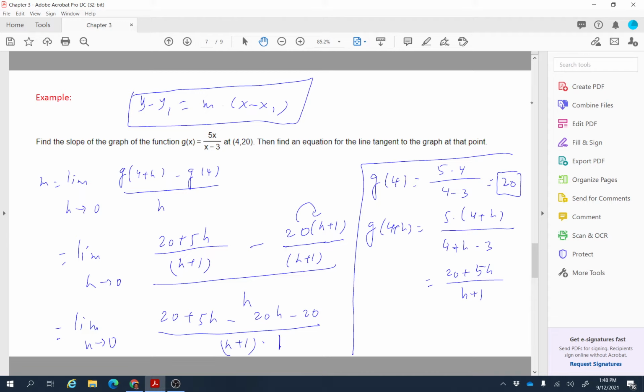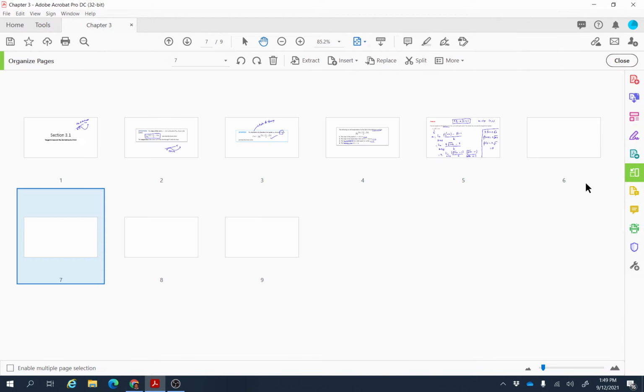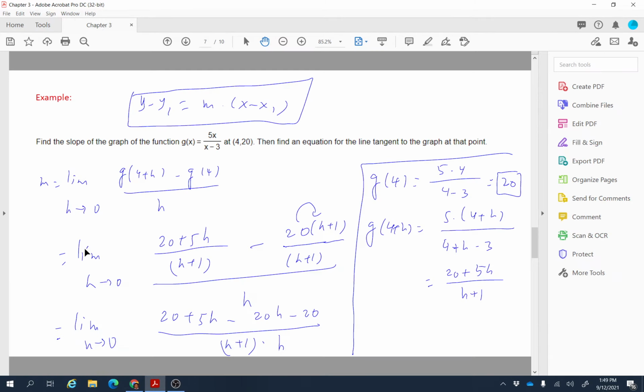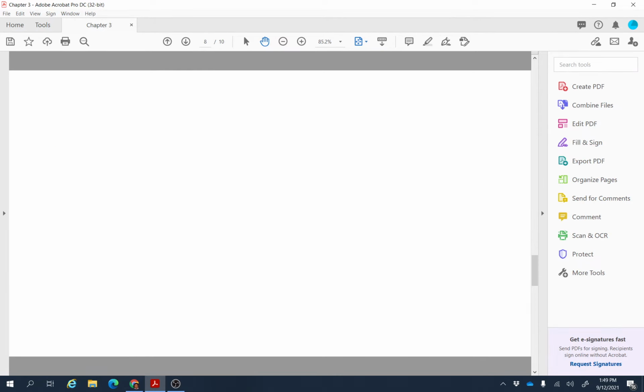This h also can be written as the h here. That's the same thing. So let's continue. Slope, limit as h approaches 0.